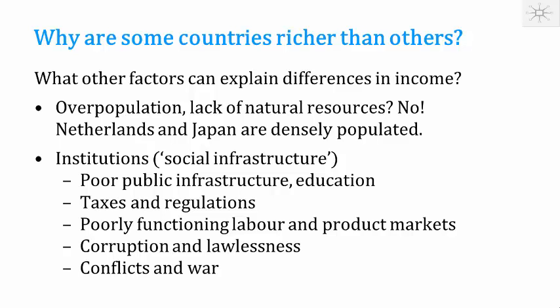Clearly, institutional factors play a very important role in both creating incentives to accumulate capital and also incentives to use the resources that you have in an efficient way. If you think about what you need in a modern economy, you realize that there are a lot of things that have to be in place in order for the economy to work well.